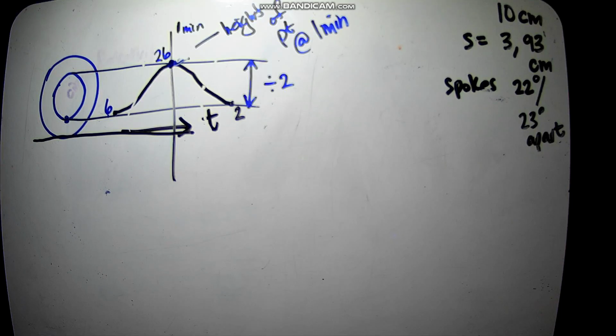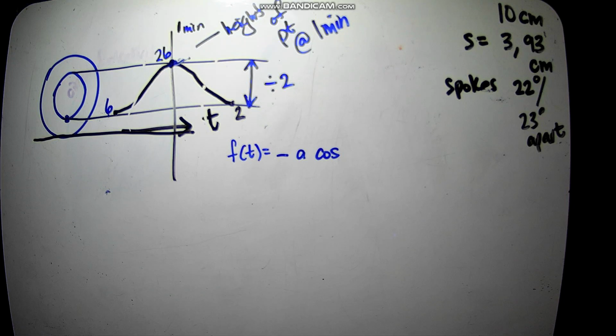Now let's say we wanted to find the equation of this graph. This graph is a negative cos graph. It would have an amplitude in front of cos, followed by angular velocity times time, and q would be the shift. So now we'd need to find those parameters. We did work out the angular velocity.